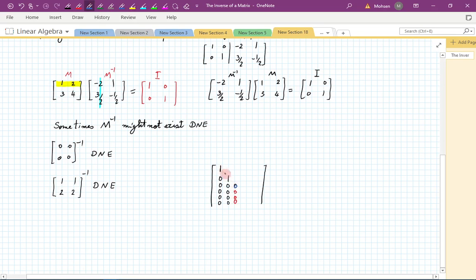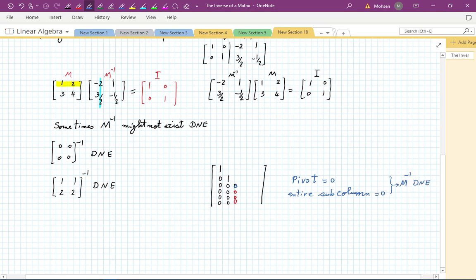If at any step of Gaussian elimination the pivot you want to use is 0, and the entire sub-column is also 0, that is the recipe for disaster, the recipe for M inverse does not exist.